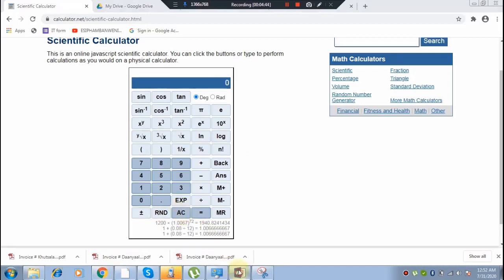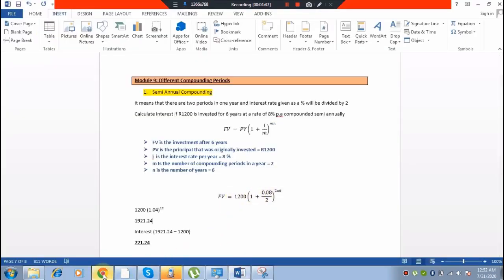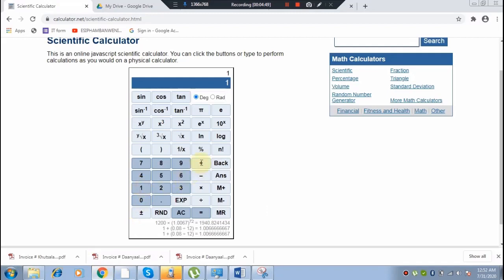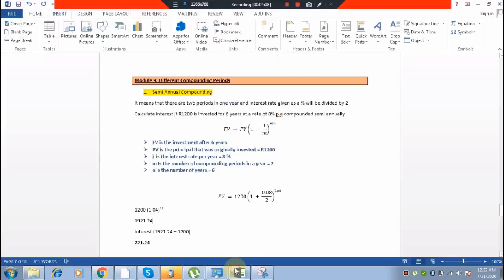If I need to work out this number, it's 1 plus, open brackets, 0.08 divided by 2, and you get your answer 1.04. In case you're wondering where we got this 1.04, then it's to the power of 12. So simplify that, and there you get your answer.